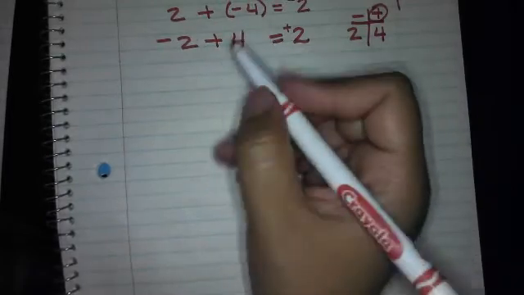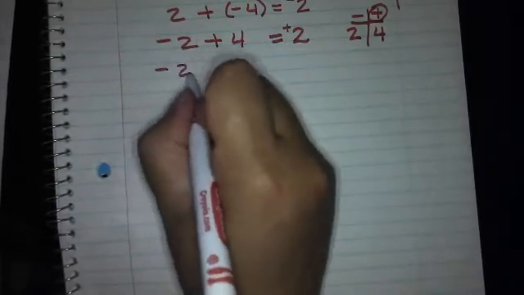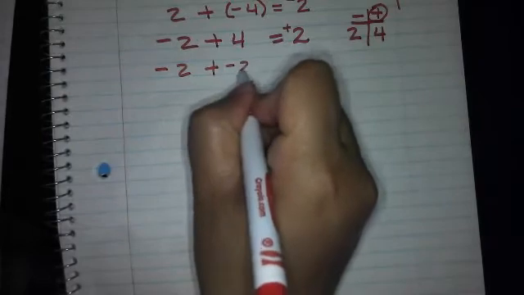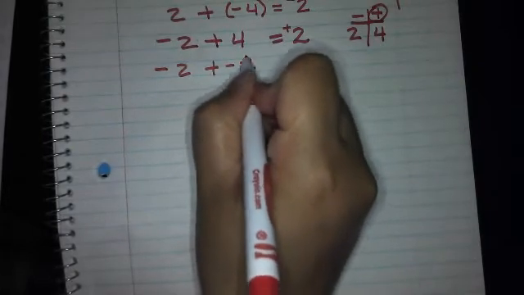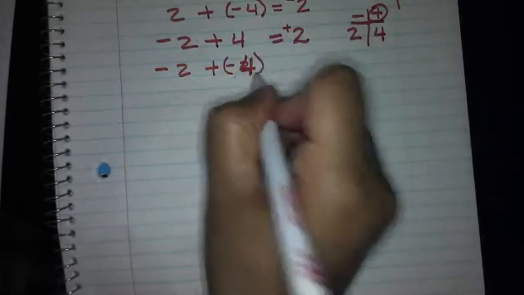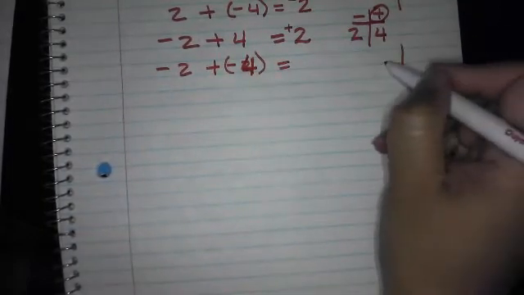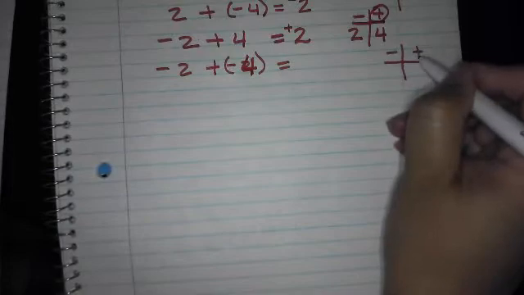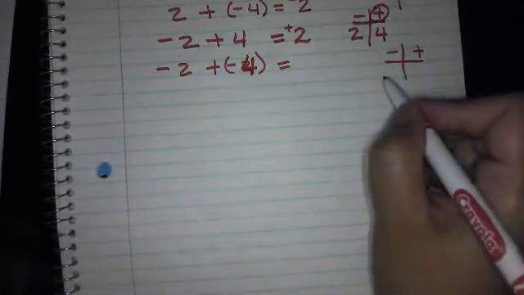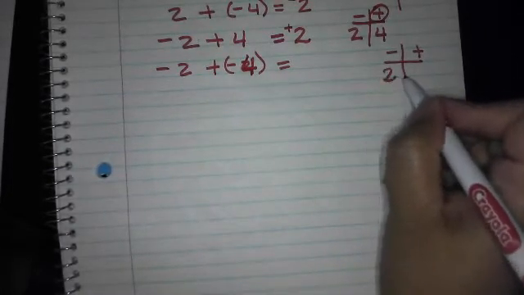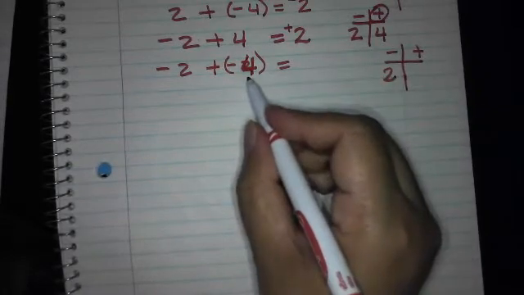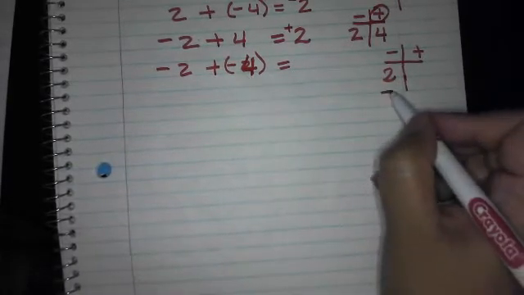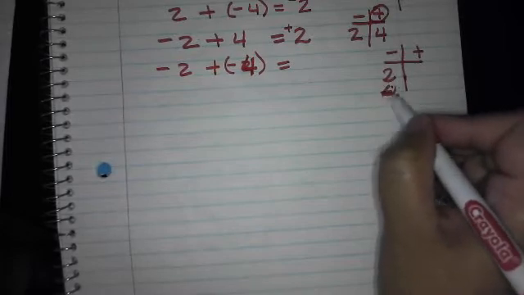Let's say I have negative 2 plus a negative 4. Draw my T-chart again. Negative, positive. This is a negative 2, so it goes on the negative side. This is a negative 4, so it also goes on the negative side.